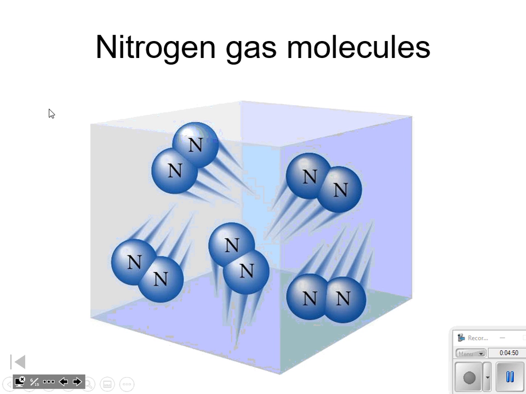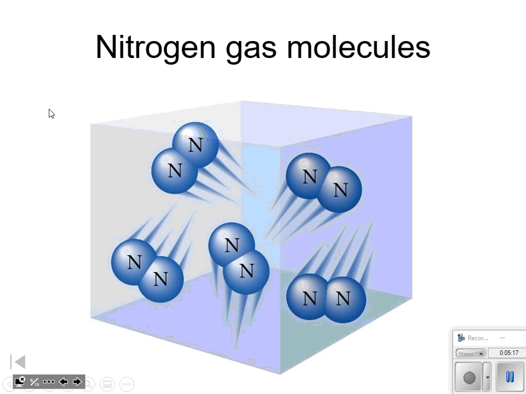If we look at nitrogen, right here are nitrogen gas molecules bouncing around in this little box. Now, nitrogen is element number 7. So how many valence electrons does nitrogen have? Stephen? 5 valence electrons, good. 7 total, 5 valence.